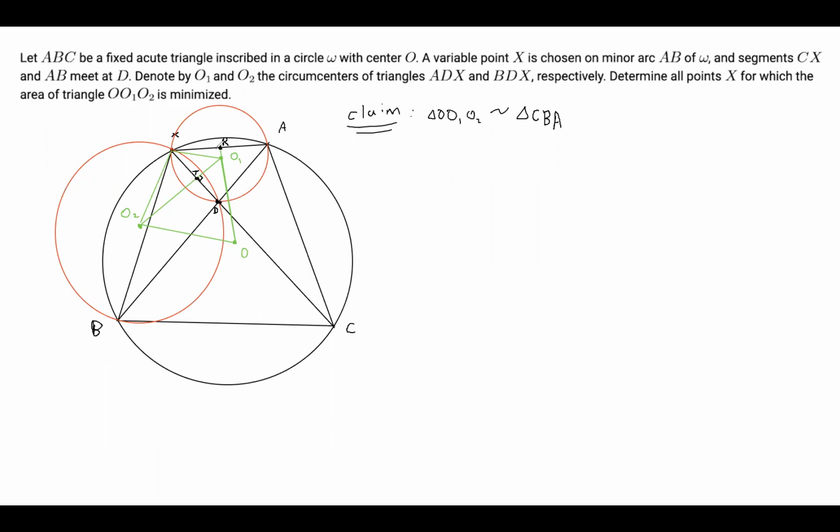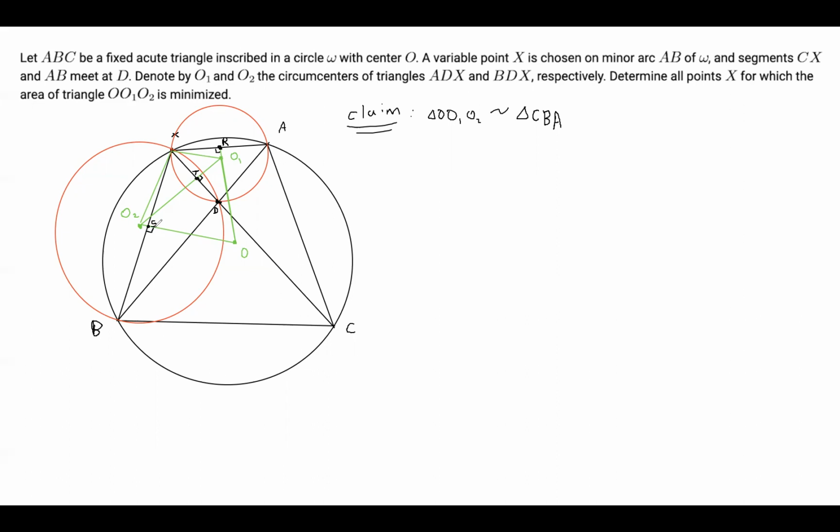So R is the midpoint of XA, and this line is perpendicular for the same reasons as before. O1 is on the perpendicular bisector of AX, as is O, and similarly OO2 is perpendicular to XB at the midpoint, which we will call S.